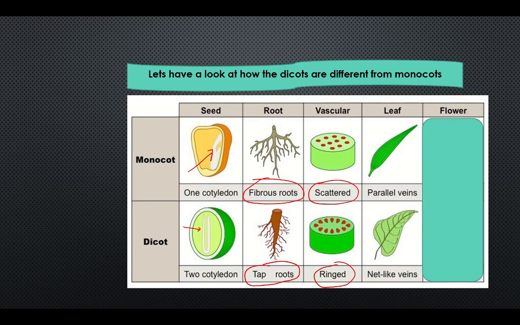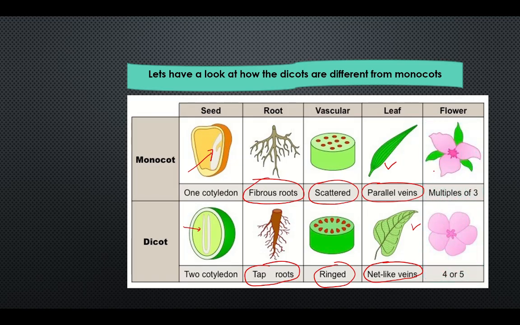The leaf of the monocotyledon, which is a very important characteristic, has parallel veins. But in dicotyledons, the veins are spread in the form of net-like veins. So we can say that dicots usually have compound leaves. But in monocots, the leaf is usually narrow and pointy.